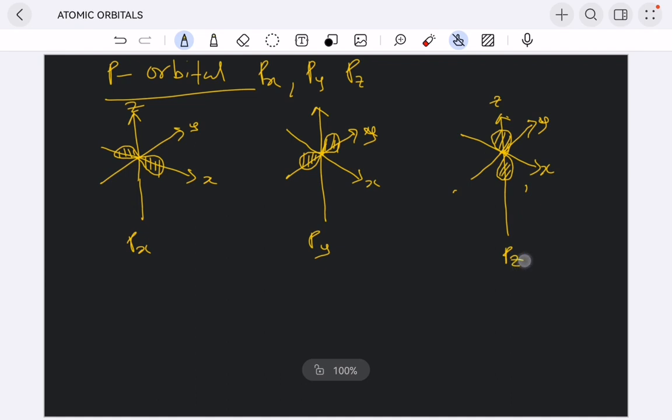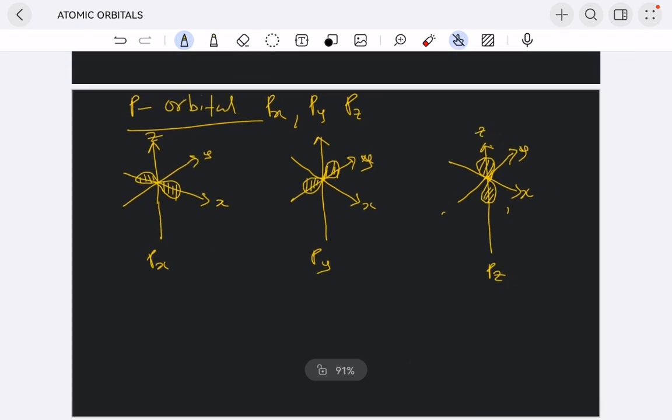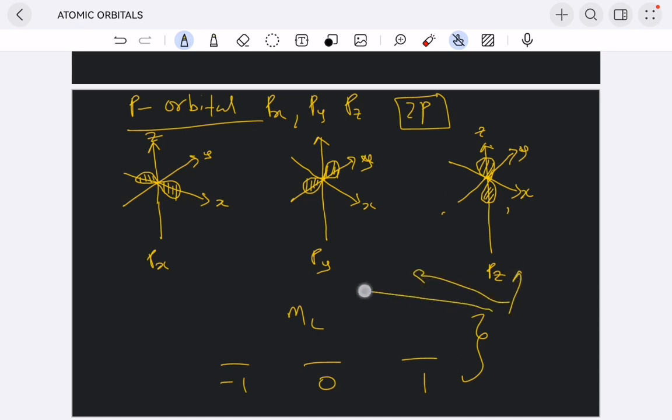So this will be called Pz. So these are the 3 sublevels. So this is, we are in the 2p. So this can be 3, which is -1, 0, and 1. Then all these 3 orbitals can be any of these given 3.